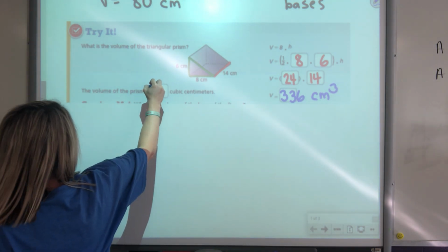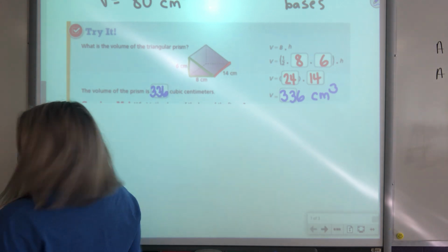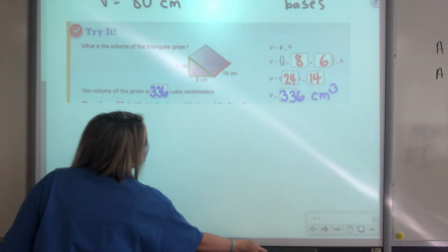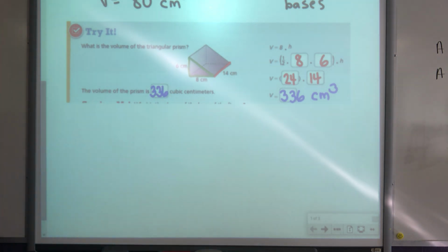So our volume of our prism is 336 centimeters cubed. So just make sure we always have our units so we understand what we're measuring.